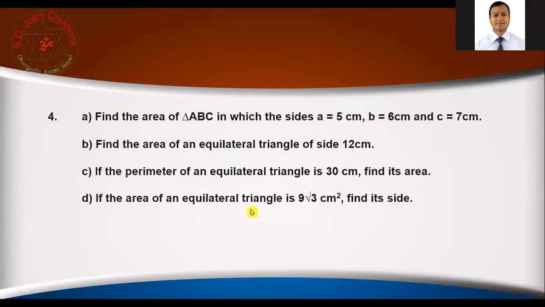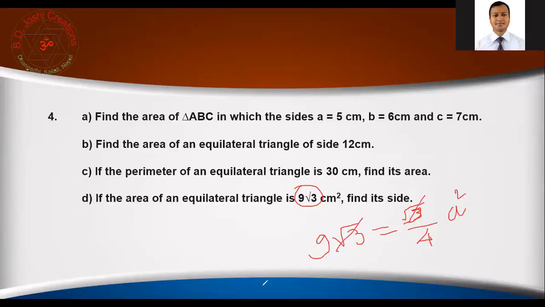If the area of an equilateral triangle is 9 root 3 square centimeter, find its side. The area is 9 root 3 square centimeter, and you know the area of an equilateral triangle is root 3 by 4 A square.